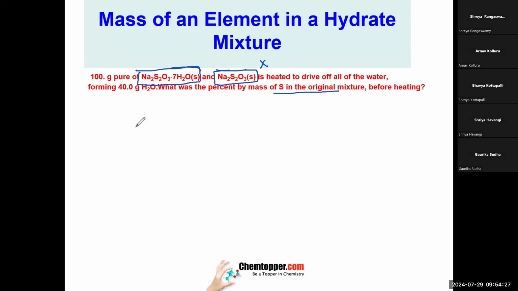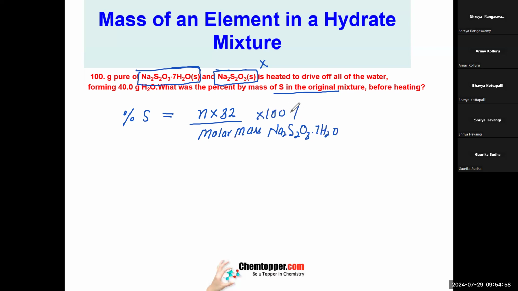So how to calculate the percent of sulfur is N times the atomic mass of sulfur, which is 32, divided by the molar mass of the compound, Na2S2O3·7H2O, multiplied by 100%. I gave you this equation in the last class.